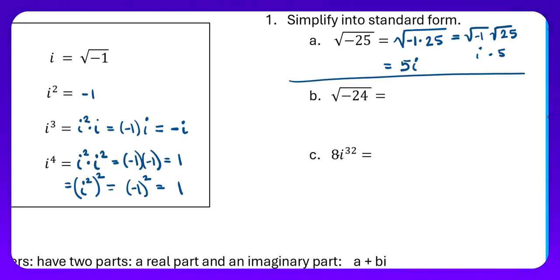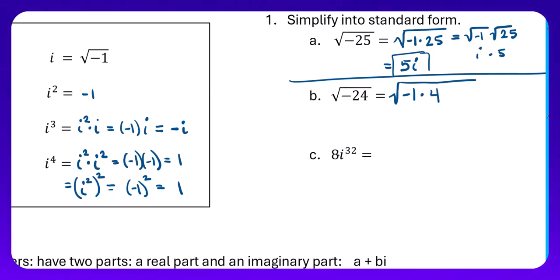So that's that one. Now let's go to the next one here, which is the square root of -24. So I'm going to break this up -1 times 24. Now, the square root of 24 is not a nice number, so I'm going to break 24 up into a couple other numbers where one is a perfect square.